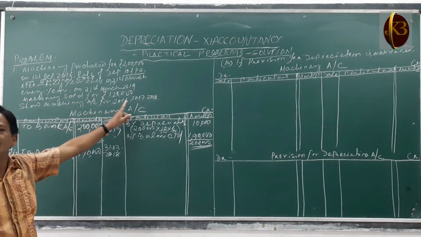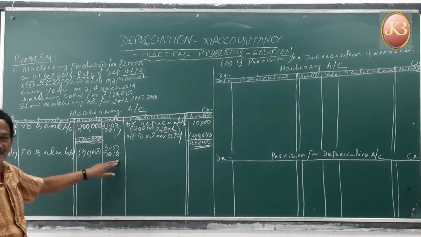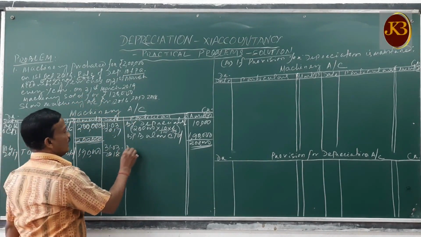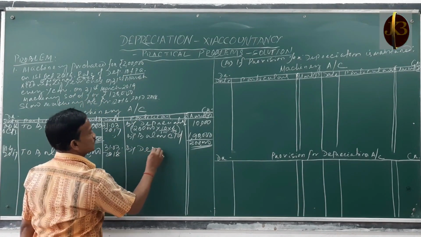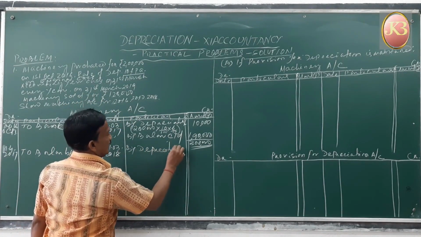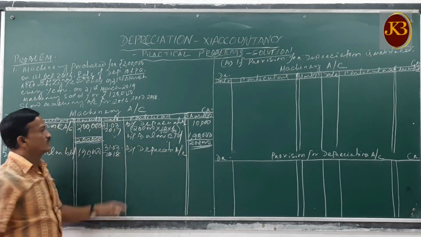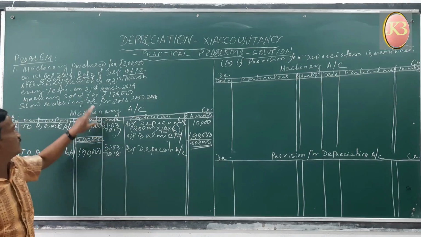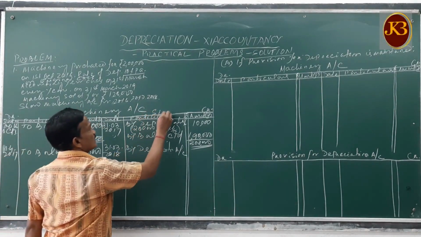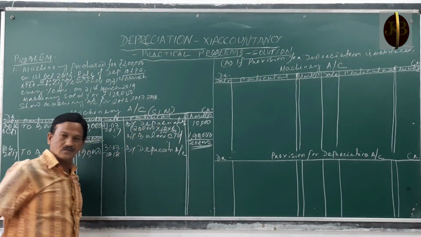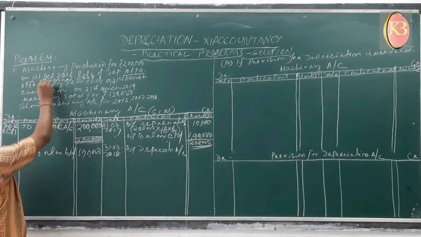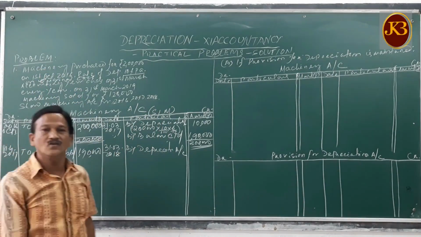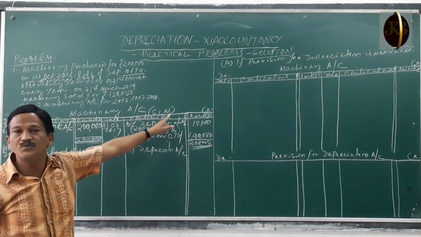Since none is purchased, we continue with the by depreciation account. Depreciation is charged on original cost, which means we are following the straight line method.